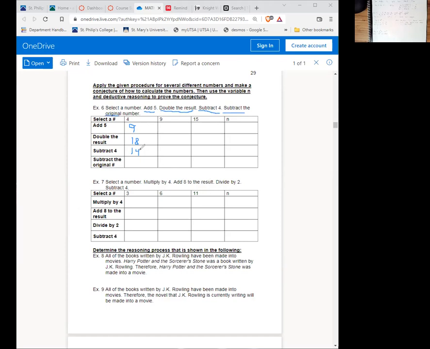The original was 4. So 14 minus 4, 10. So this is basically a complicated pattern that's doing it all in pieces, right? So add 5 to the 4, double the result, subtract 4, subtract the original. Do you guys see where these numbers came from?